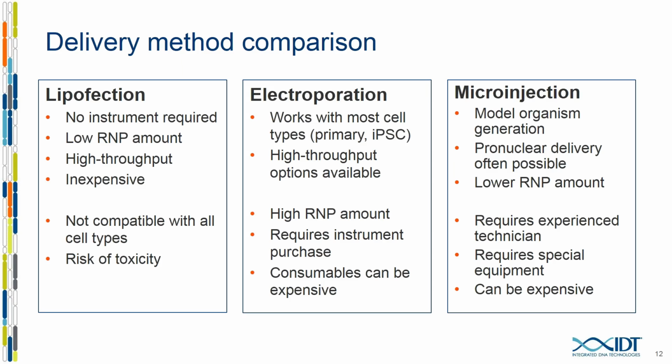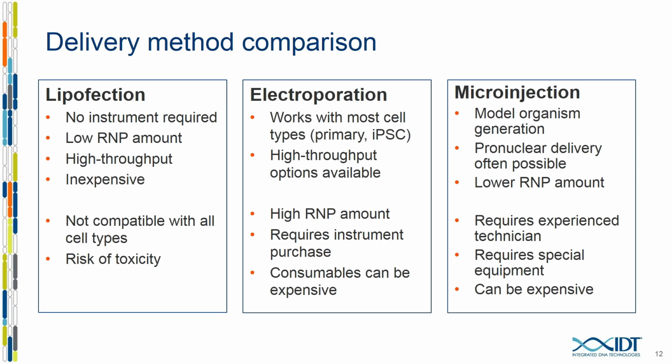So it can be a very high throughput way to run and test a lot of experiments, especially if you're working in a 96-well plate and you can assess these quickly. It makes it a very inexpensive way to do a lot of CRISPR testing all at once. As I mentioned, not all cell types are compatible with lipofection, and some cells start to show toxicity when the lipid level is too high.